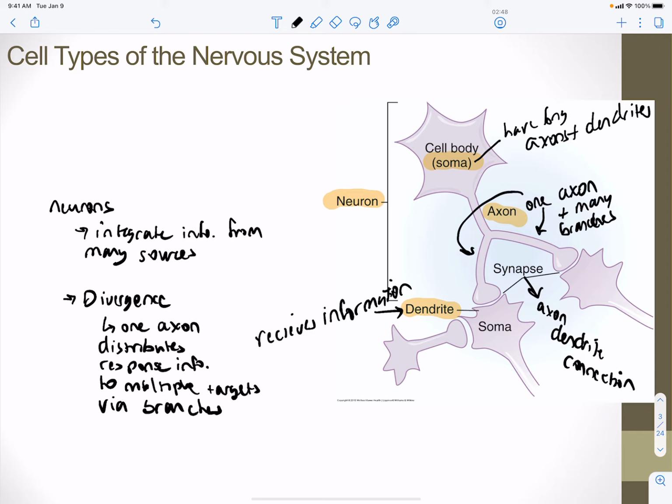And this, of course, is through its branching. And the signals across a synapse are going to require the release of neurotransmitters.